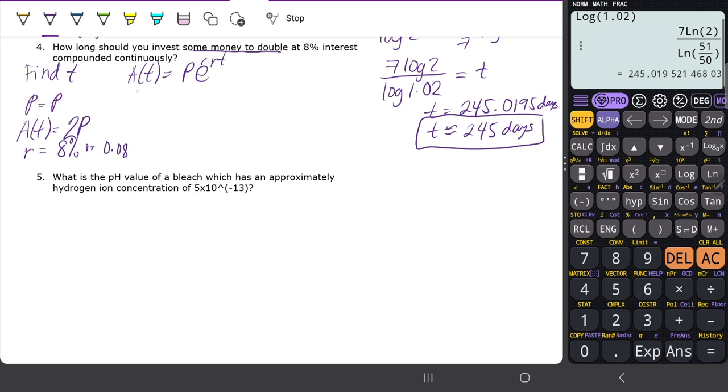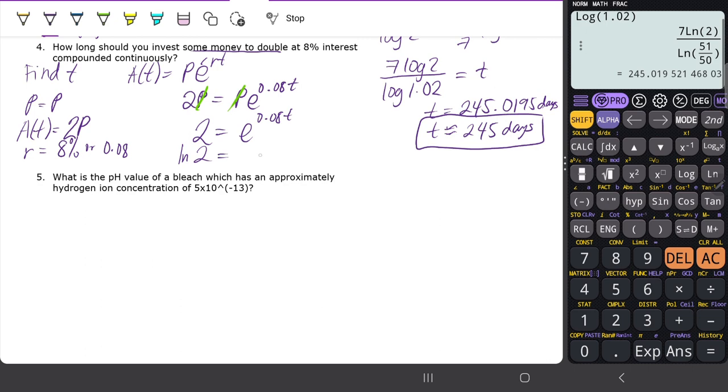So A of T is 2P equals P times e raised to 0.08 T. P cancels out, so this is 2 equals e raised to 0.08 T. If we want to solve for T, take the ln of both sides.